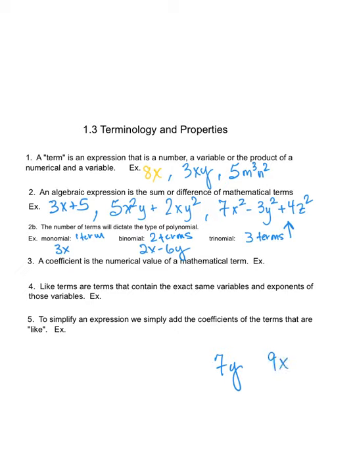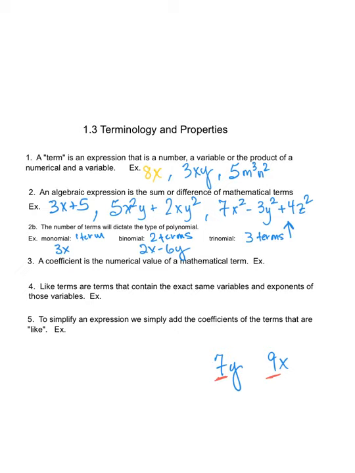What is the numerical value in this term? What is the numerical value in 7y? 7. Thank you. It is 7. What is the numerical value in 9x? 9. Great. Those are your coefficients.